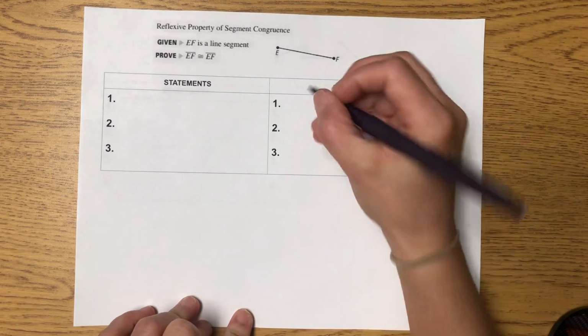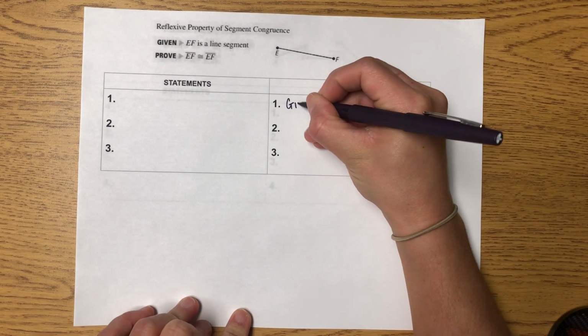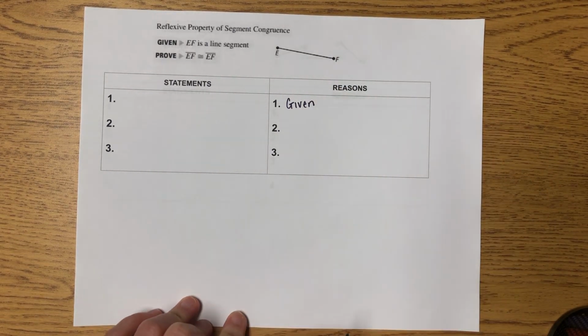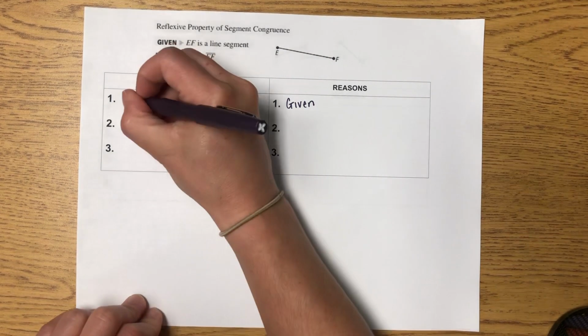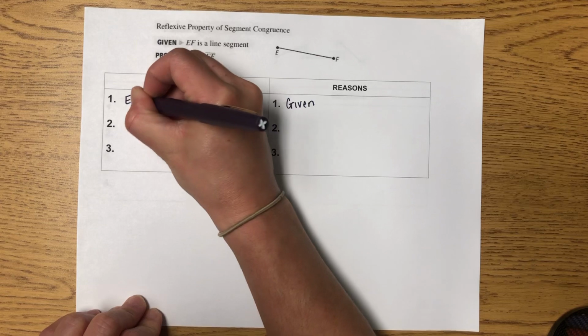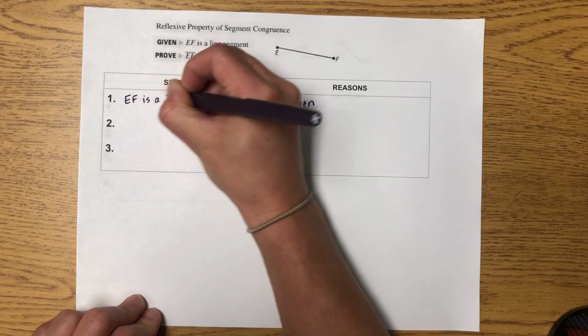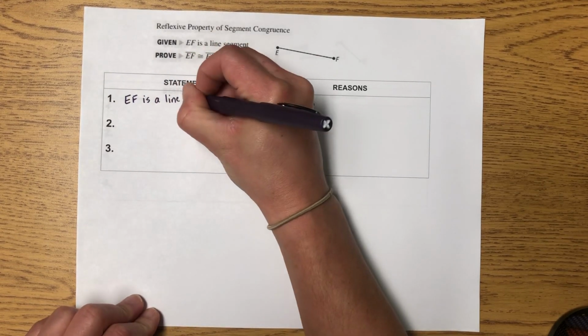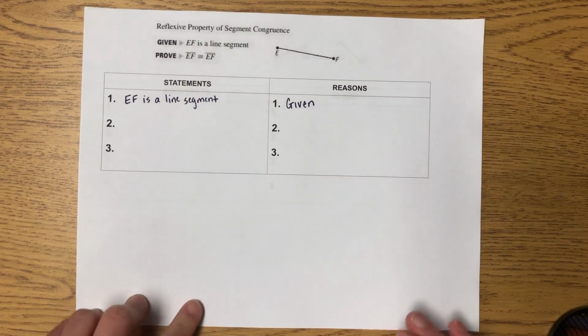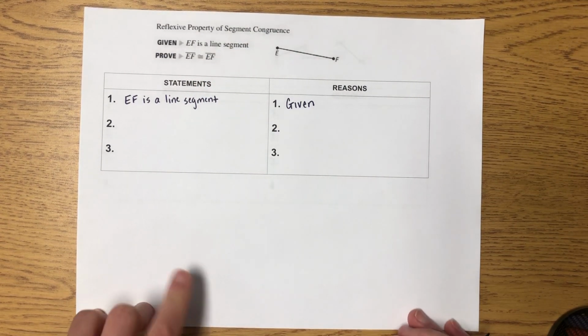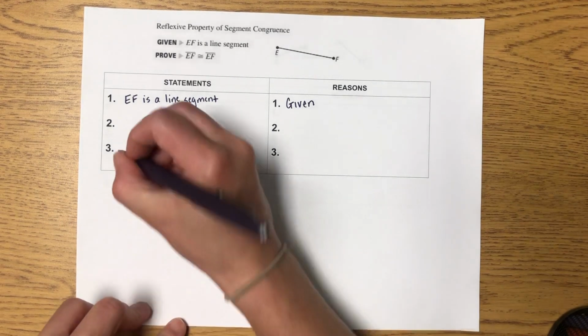Okay, so our first reason is always going to be what is given. So what we're going to write here is just EF is a line segment. And we want to prove that EF, the line segment EF, is congruent to the line segment EF.